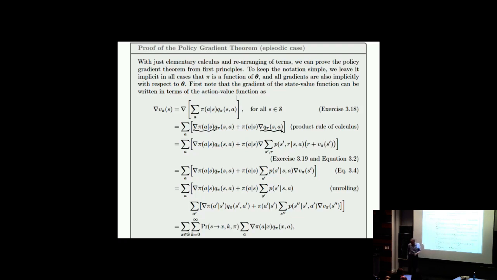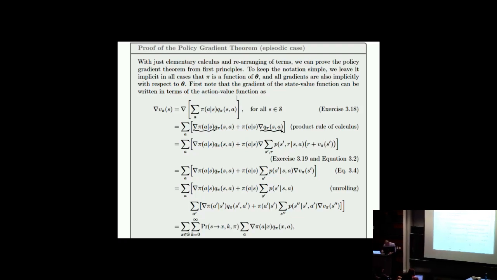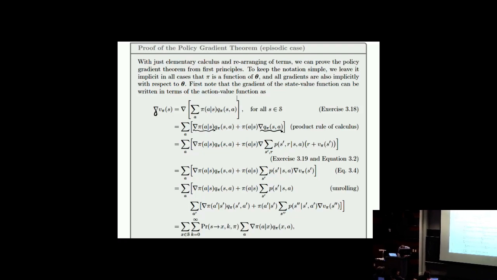Remember, our derivative, our gradient, is with respect to theta. So I could have put a little theta under here just to make it clear that we're taking the derivative with respect to theta. And so if we want the derivative of this quantity with respect to theta, obviously this is just the current probability.